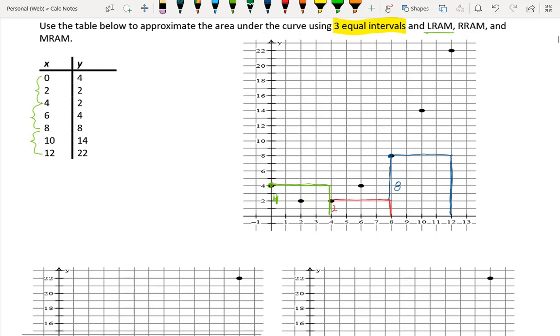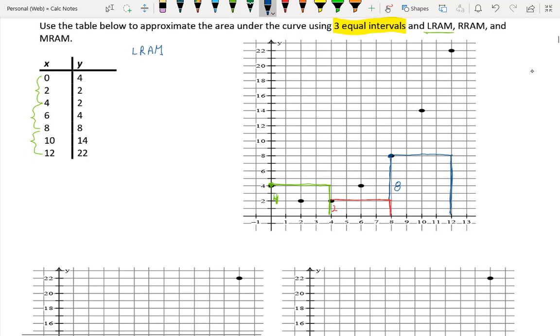So if I'm using a left rectangular approximation method, so we're going to go left side here, this is LRAM. And I need area, base times height. You can see that all of the bases are 4 down here.